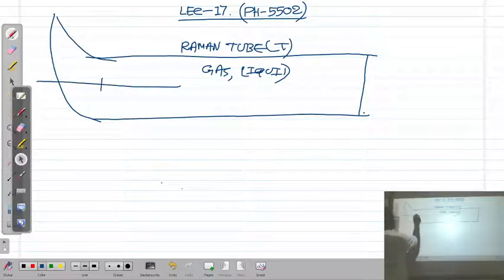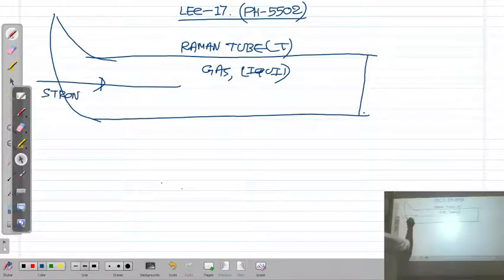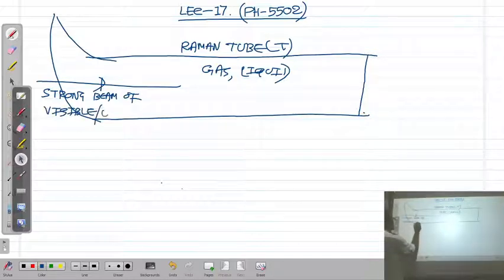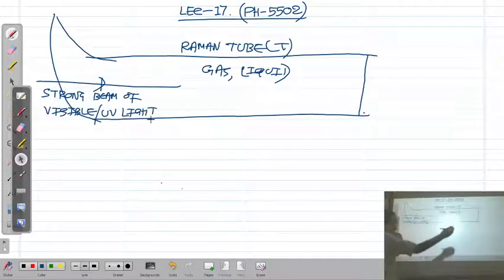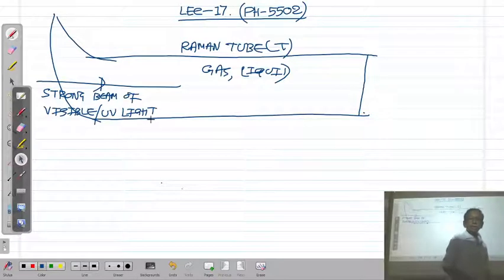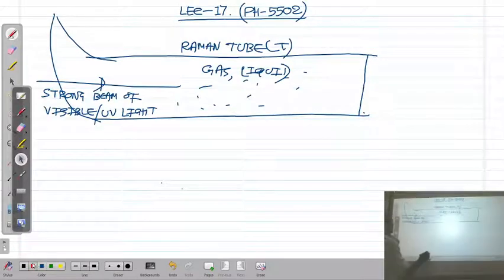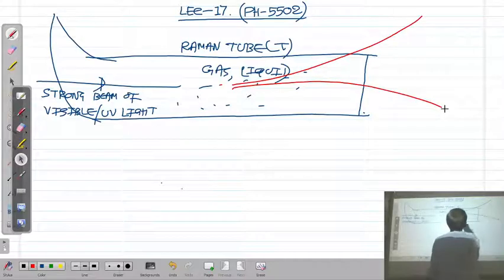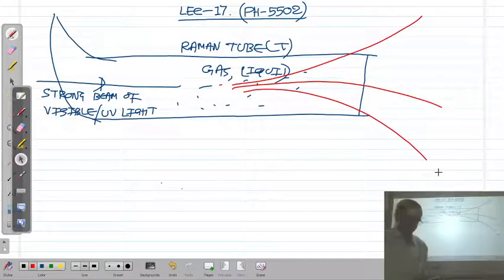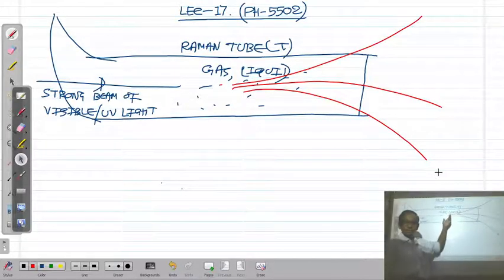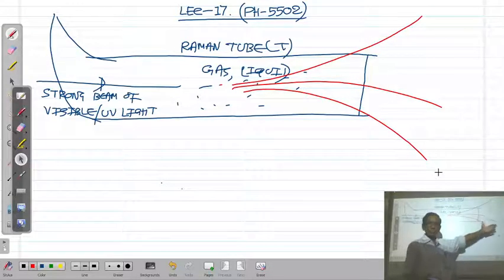Now let a strong beam of visible or ultraviolet light be passed through the Raman tube filled with the molecular sample, gas or liquid.